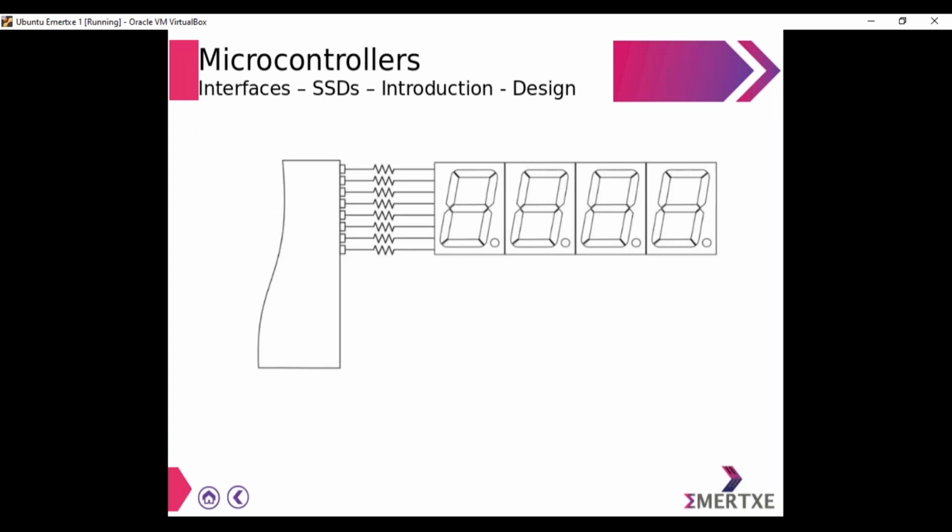The simulation board has the configuration made like this. All of the 4 SSDs are commonly connected to 8 data lines. Segment A of all SSDs is connected to one line, segment B to another line, then segment C, segment D, segment E, segment F, segment G, and segment DP.